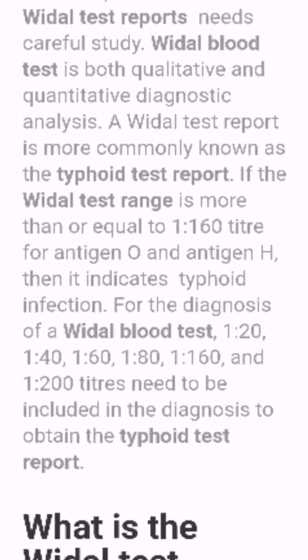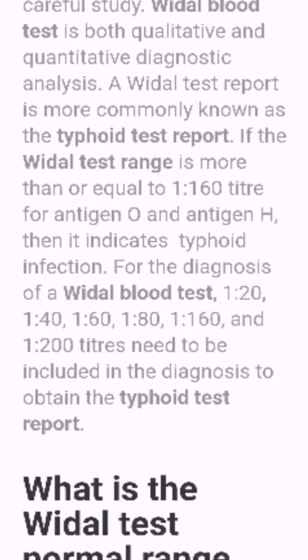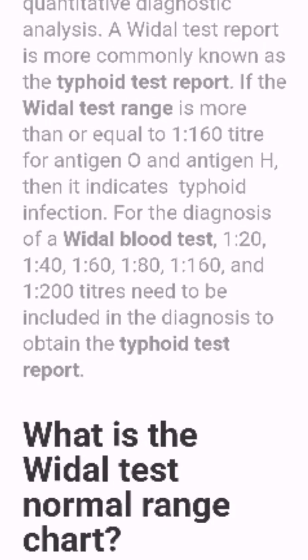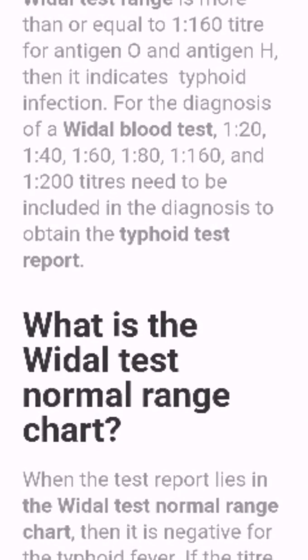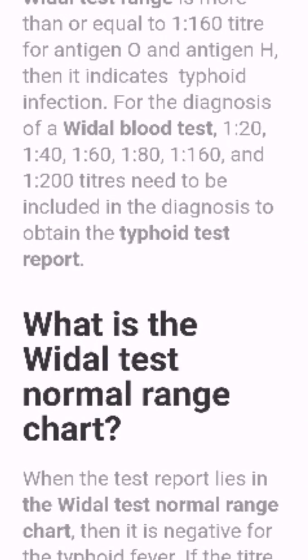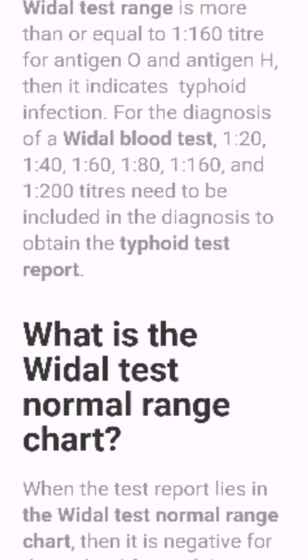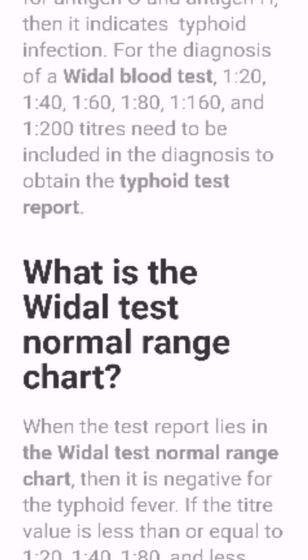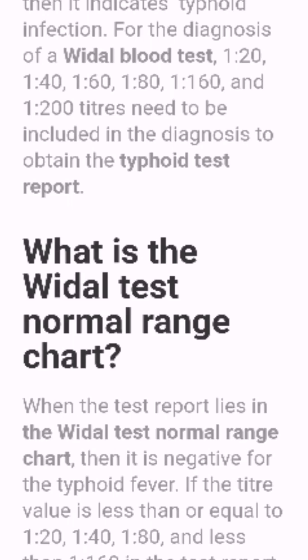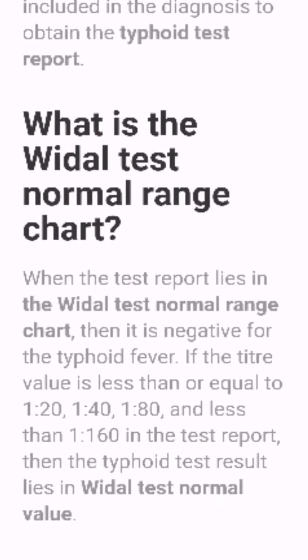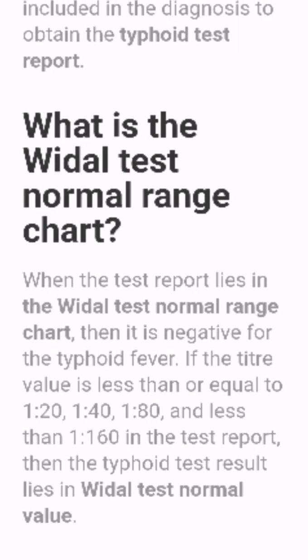If the Widal test range is more than or equal to 1:160 titer for antigen O and antigen H, then it indicates typhoid infection. For the diagnosis, titers of 1:20, 1:40, 1:60, 1:80, 1:160, and 1:200 need to be included in the typhoid test report.